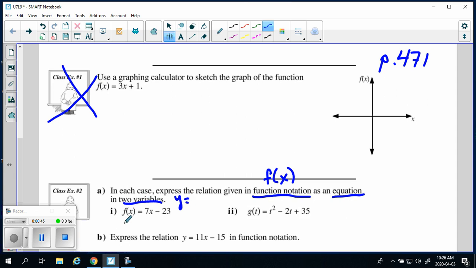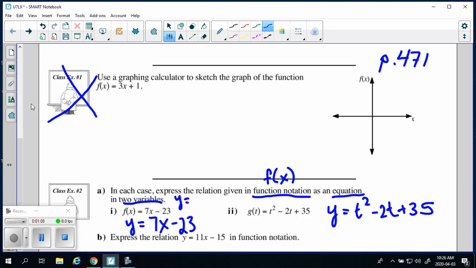So that's actually pretty easy because y and f of x are the same thing. So you would just recopy it, but instead of writing f of x, you would just write y. So g of t is this. I guess we can use y is equal to t squared minus 2t plus 35. I don't know what variable they would have used here instead of y. Maybe they would have used g.